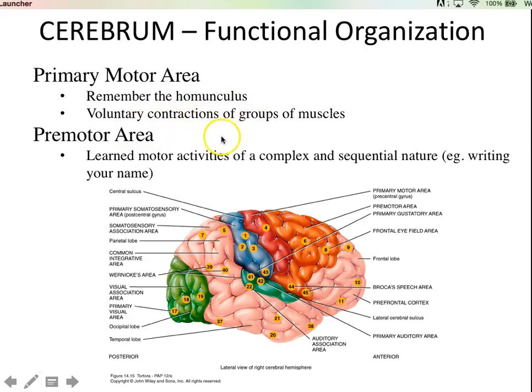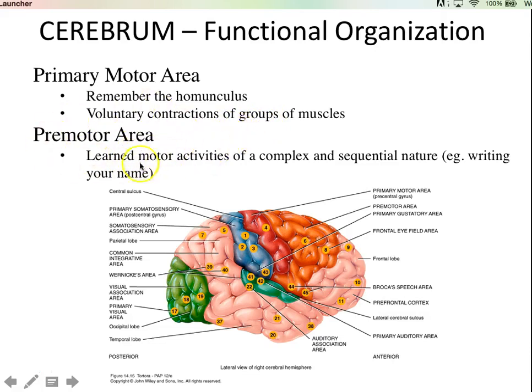If I stimulate a certain brain area, it'll make one finger twitch. If I just move over, it'll make the next finger twitch, over the third, over the fourth. So basically, you can map out a human body in that area, and you can stimulate it. These are voluntary contractions, but that's all they are. They're just kind of like muscle spasms in a sense.